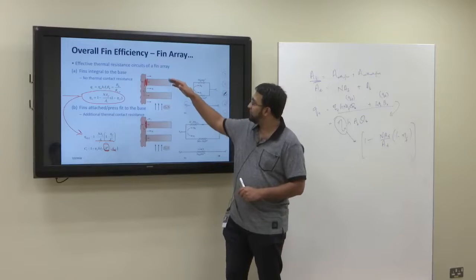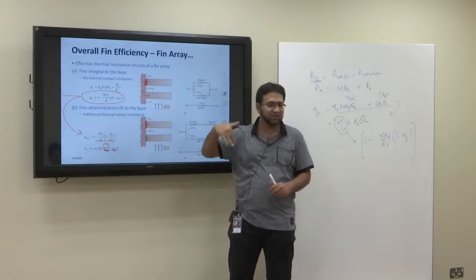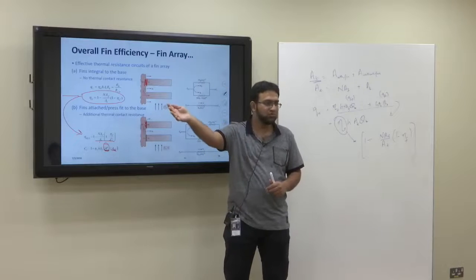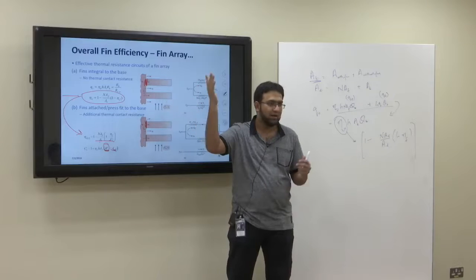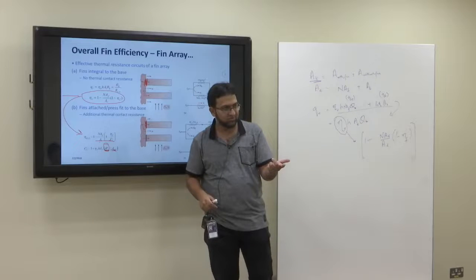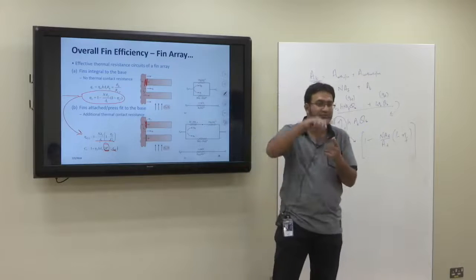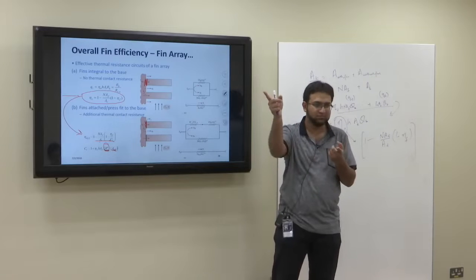And so we have convection from the base and the fins to the outside, to the surrounding. So we have the convection heat transfer, so we'll have convection resistance. We have convection resistance from the fin to the outside. We have convection resistance from the base to the outside.